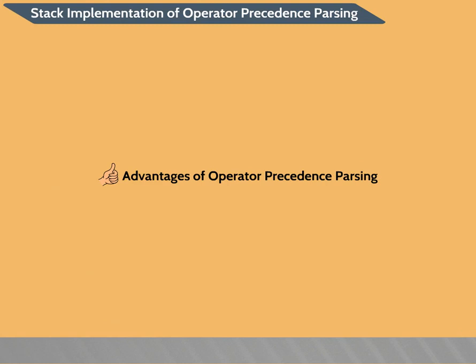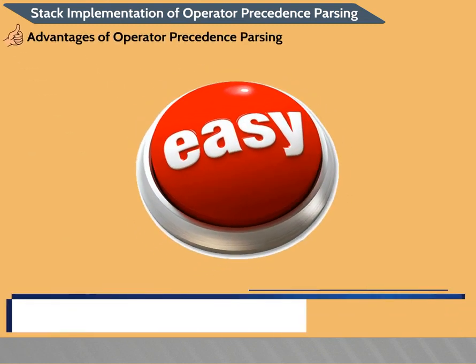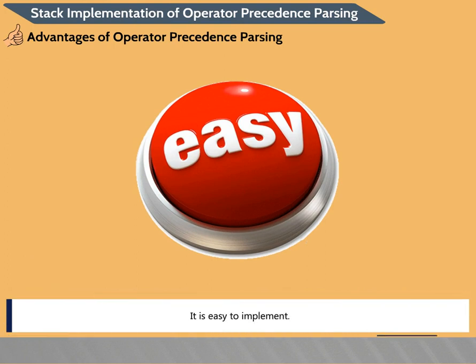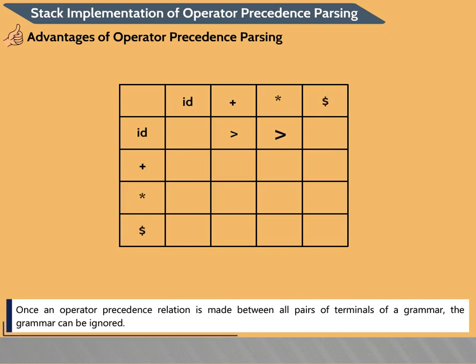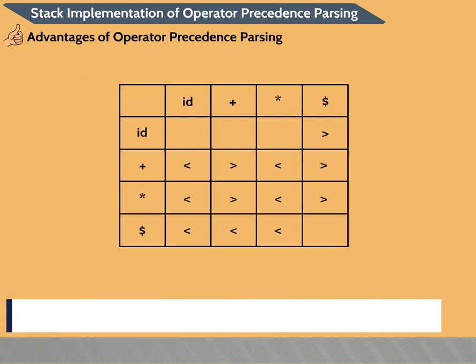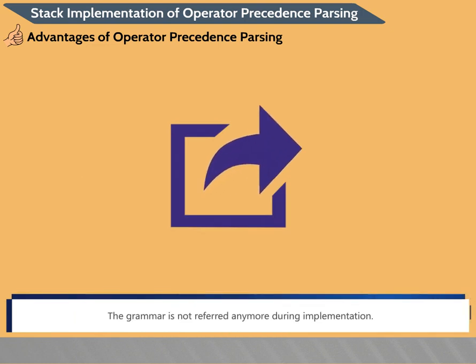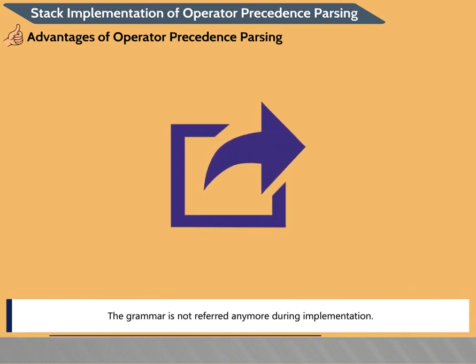Advantages of operator precedence parsing. It is easy to implement. Once an operator precedence relation is made between all pairs of terminals of a grammar, the grammar can be ignored. The grammar is not referred to anymore during implementation.